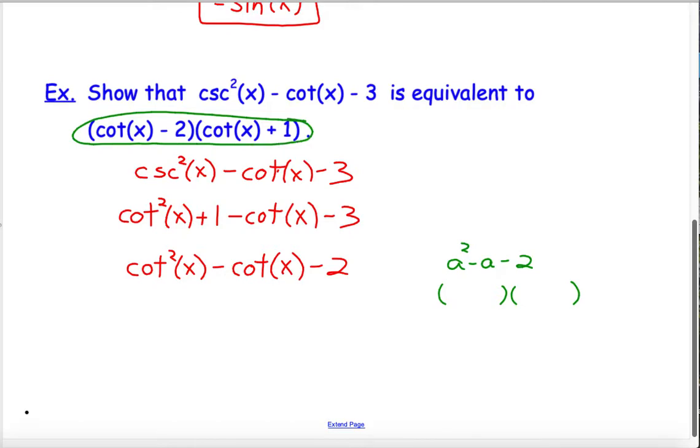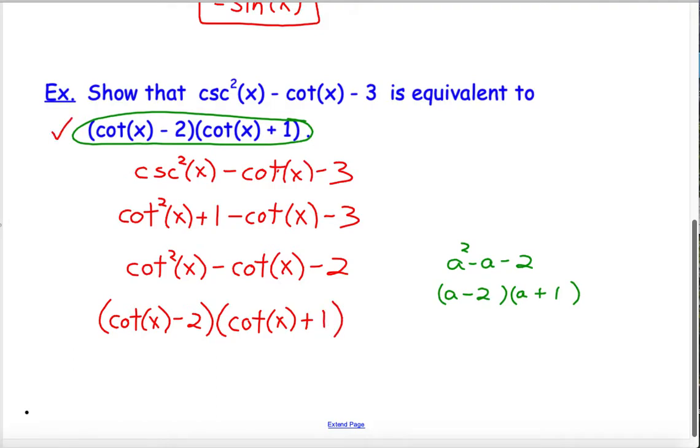And if I factor this, it would be a minus 2 times a plus 1. But instead of a, we have a cotangent, but it's still the same idea. So I'm going to have cotangent of x minus 2 times cotangent of x plus 1. And that's exactly what they wanted me to change it to. And there you have it.